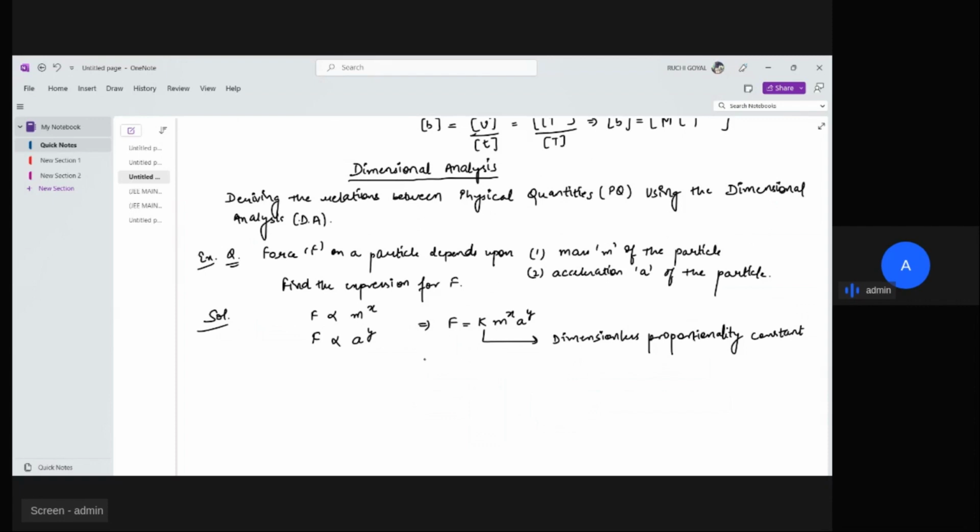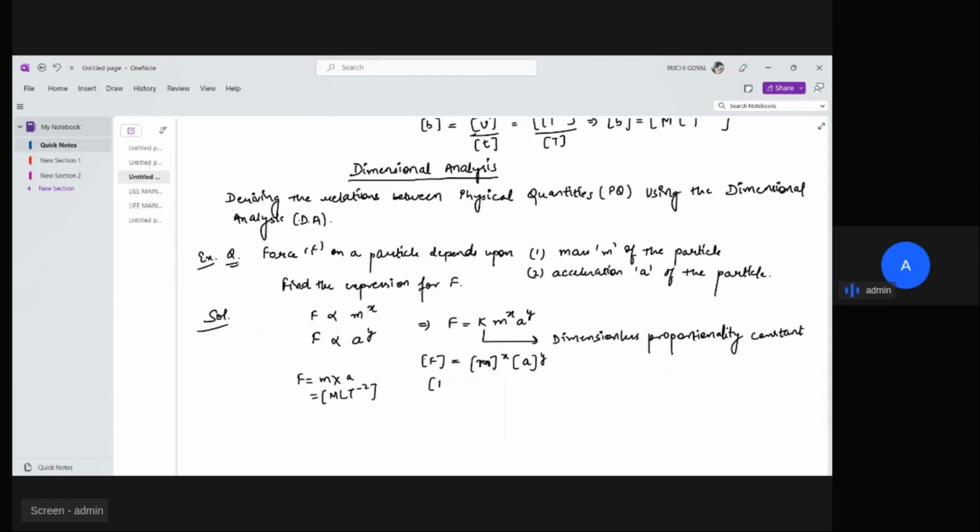Now we can find the dimensions. Dimensions of F is equal to dimensions of m raised to power x times dimensions of a raised to power y. What are the dimensions of F? Force is mass into acceleration, so that will be M L T minus 2.